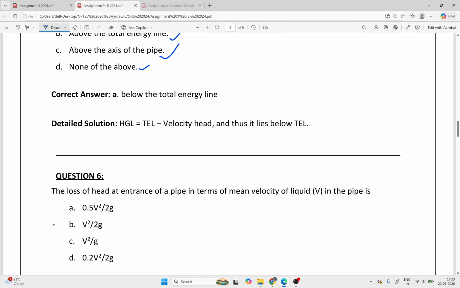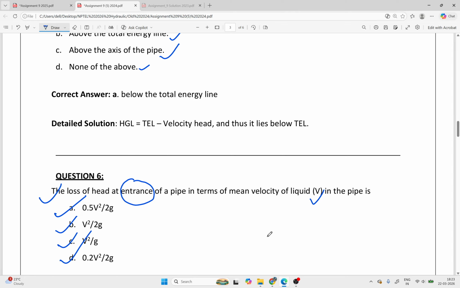Question number 6 is about the total head at entrance. Remember please, the total head at entrance of the pipe in terms of mean velocity of liquid V in the pipe is: 0.5 V square by 2g, V square by 2g, V square by g, and 0.2 V square by 2g. Here the question is asking about entrance, not exit.